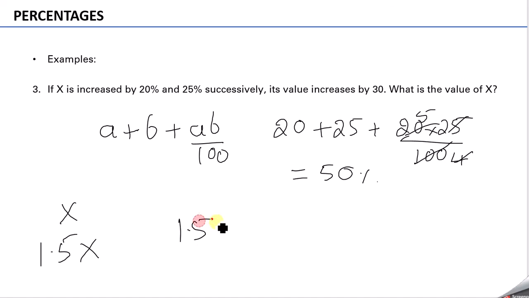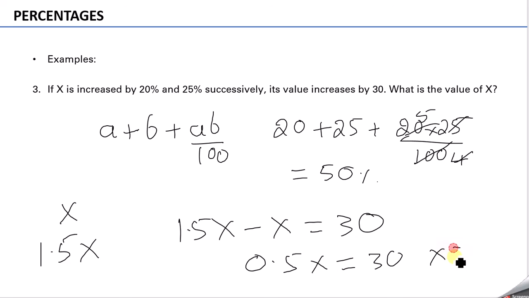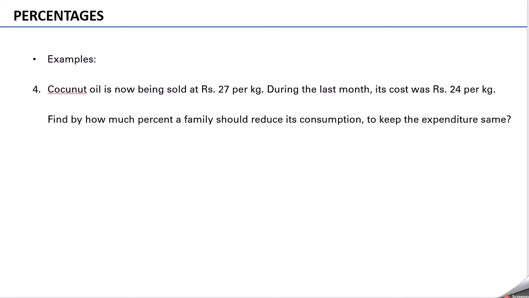So 1.5x minus x gives you 30. Now we just need to find the value of x. So 0.5x is equal to 30. So x is equal to 60. I hope everyone is getting this. Pretty straightforward. You just need to remember the formula, and then you'll be able to answer this.